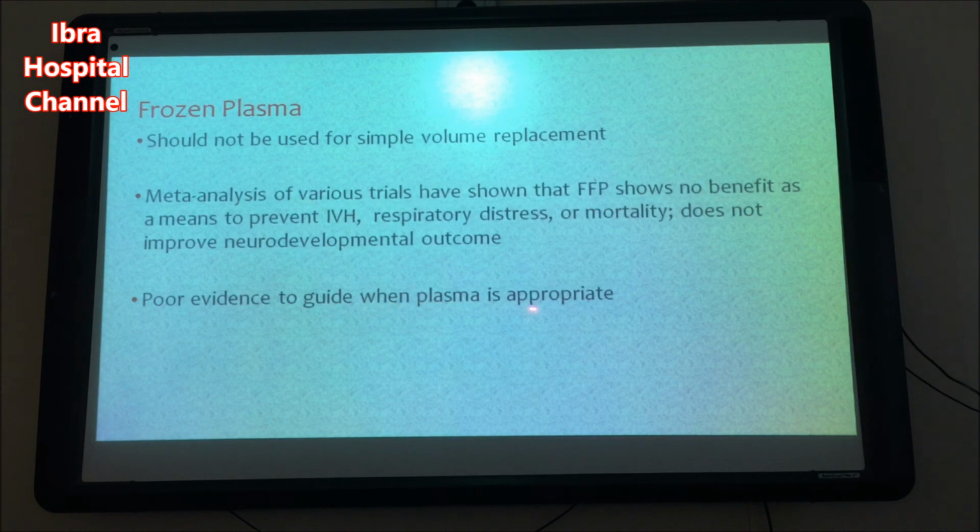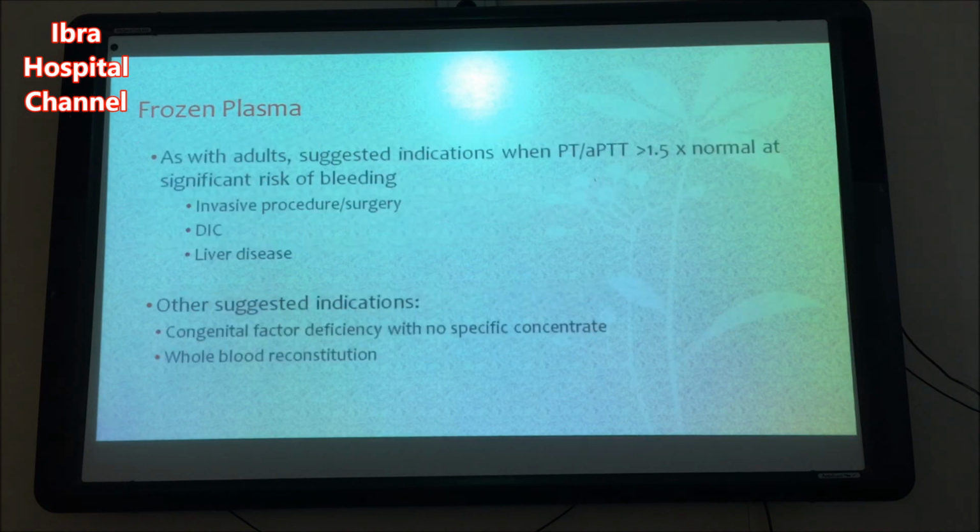Poor evidence to guide when plasma is appropriate, but here are some indications. If the INR or the PT/PTT is more than 1.5 times the normal range, and there is a significant risk of bleeding, especially in invasive procedures, or there is risk of DIC or liver disease, then you can use frozen plasma. Other suggested indications: congenital factor deficiency, and you don't have a specific factor.